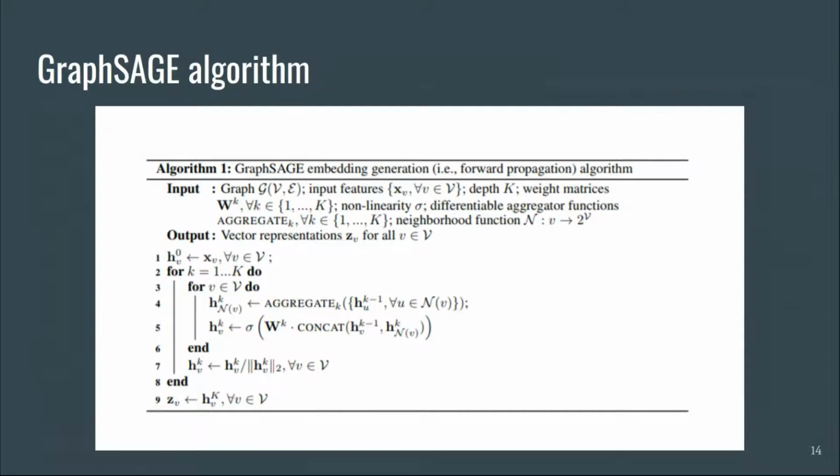We do the aggregation of the features of the neighbor nodes, and then we concatenate it with the representation of the node itself from the previous layer, and then we apply this W_k, which is the weight matrix, and then we go through this sigma, which is the nonlinearity function, and then we assign the new node embedding. Okay, and then we normalize it. That's the embedding generation. Any question on that?